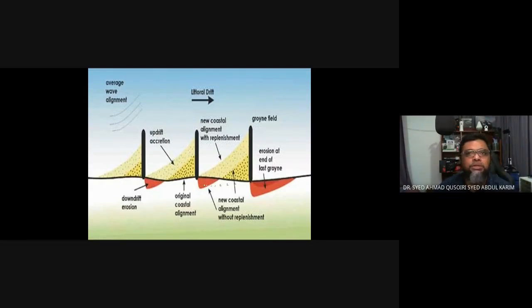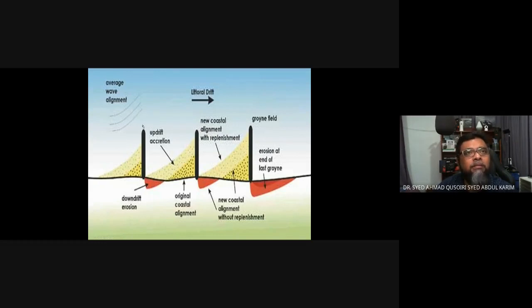So this is the beach, and then you put in 1, 2, 3 groins here, and the source of the wave is from here. Kan? Average wave alignment. Okay, kalau wave tu datang dari sini, okay, dia akan travel, dia akan hit this first groin, okay, and then segala pasir-pasir yang dibawa oleh ombak tu akan sangkut di sini.